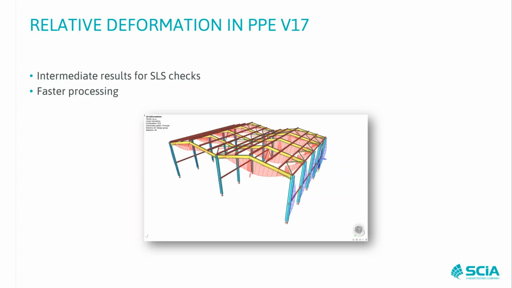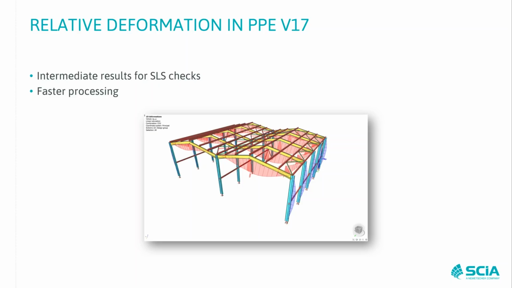The benefit is faster processing compared to the old one, a wider possibility of presentation of the results, and you can also have the result information on the picture related to the relative deformations.